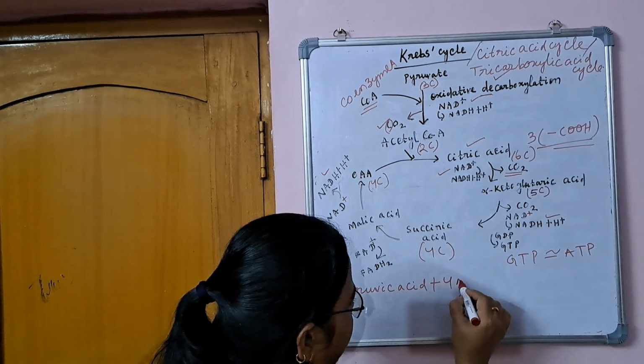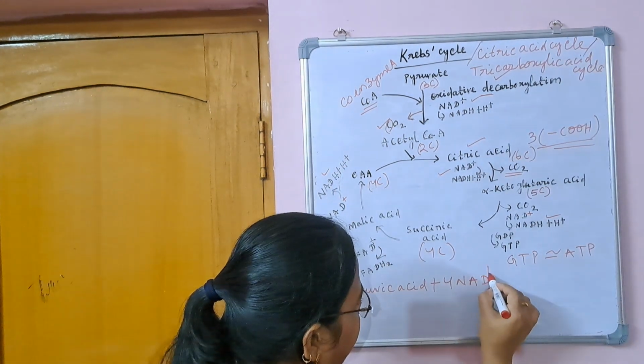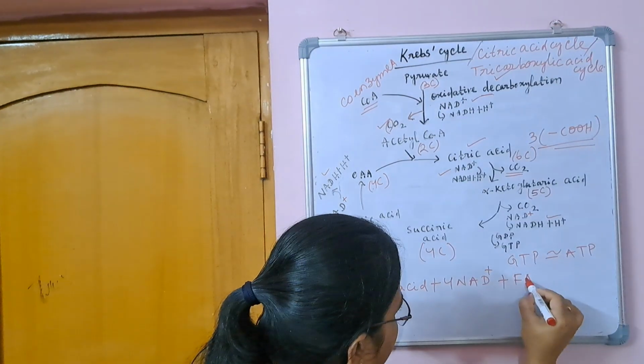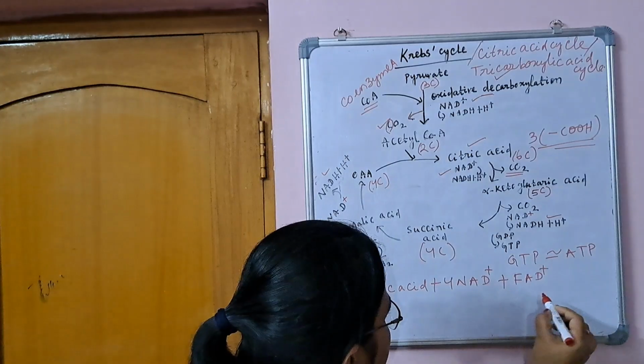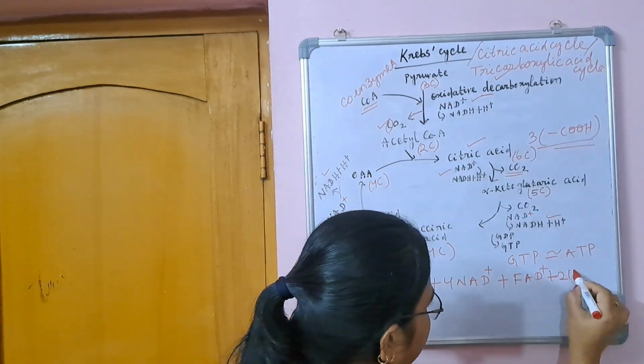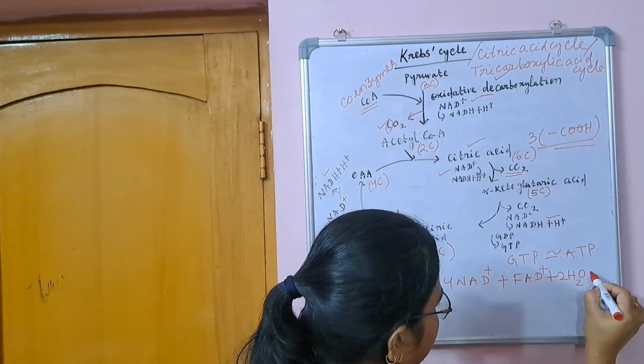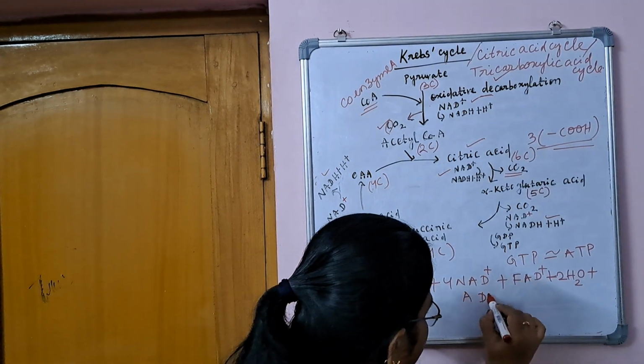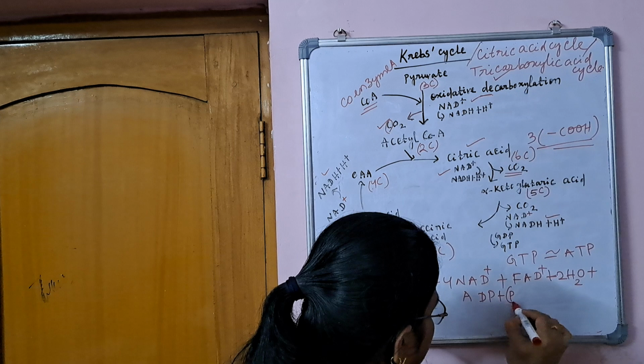And 4 NAD plus are taken, plus 1 FAD plus, then 2 H2O are taken, plus 1 ADP plus inorganic phosphate.